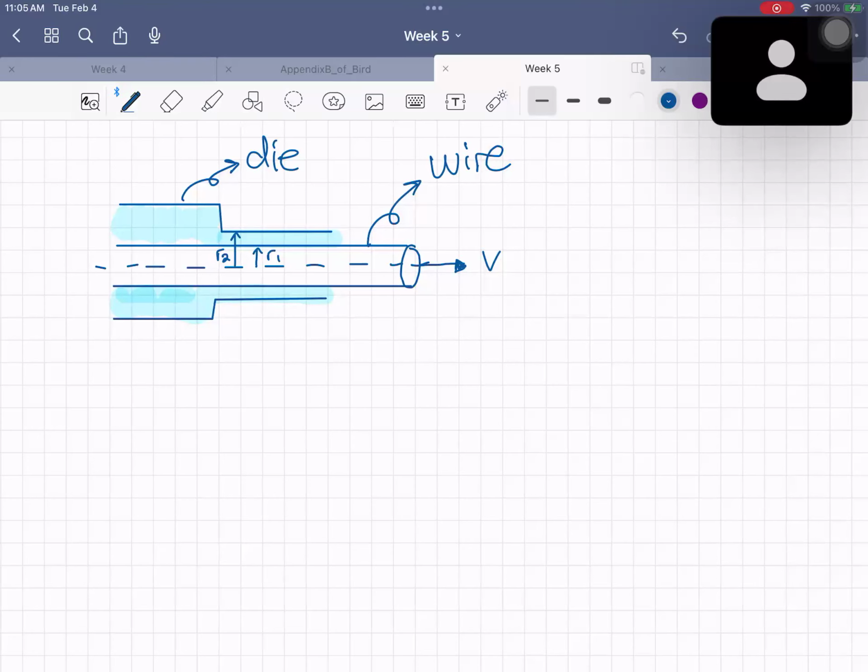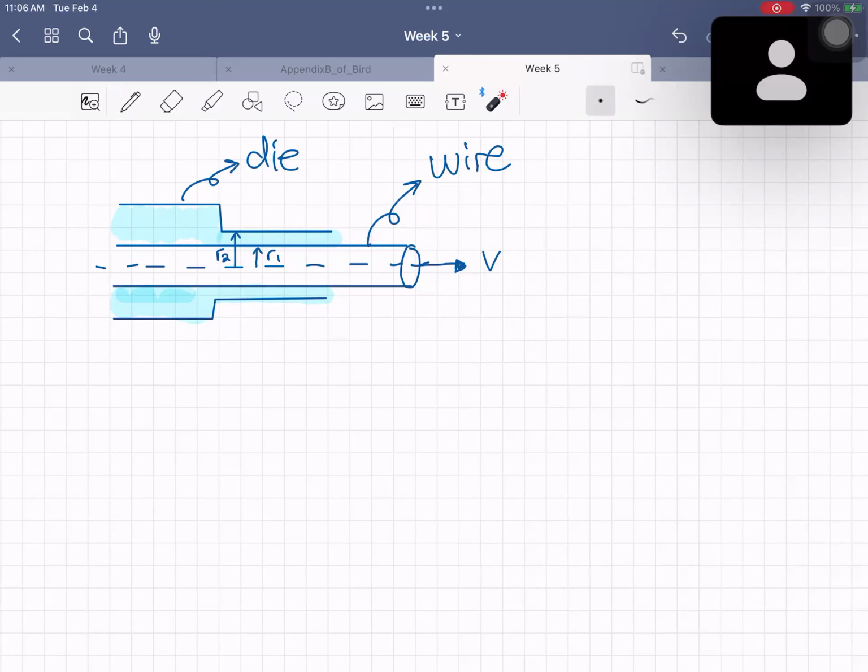You put it in the die and slowly pull the wire with the velocity v. Once you pull the wire like this, the solution will be coated on the surface of the wire.